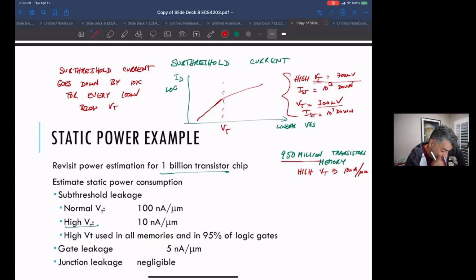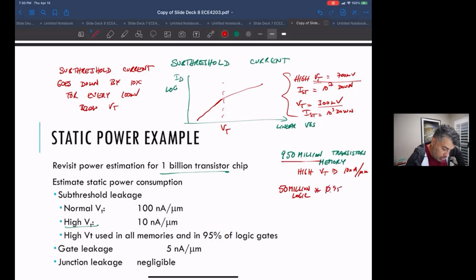Okay, and then 95% of the logic gates, so there were 50 million logic gates. So this is basically saying 95% of those logic gates don't have to be running very fast. So we used high V sub t for those as well. So times 0.95.